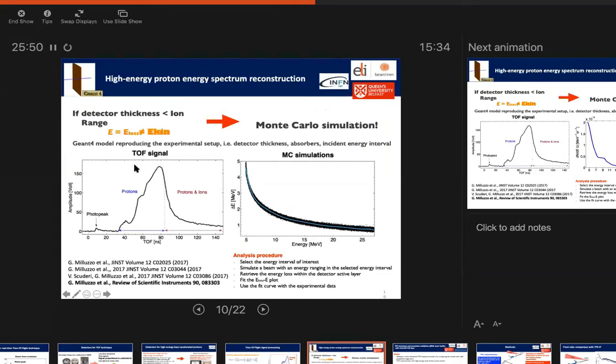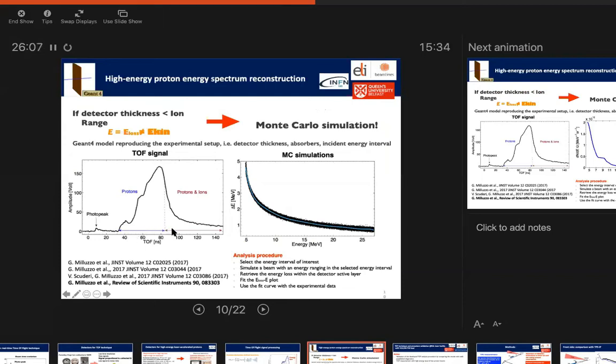If you have a signal like this, so this was a signal from RAL, here I was sure that protons were not stopping inside the detector, so the detection was in transmission.